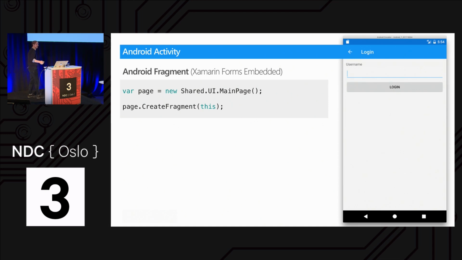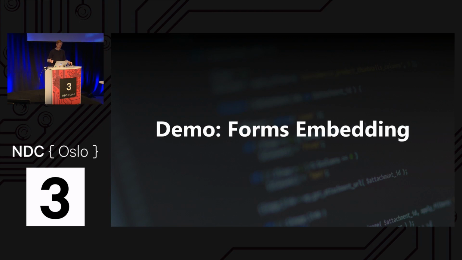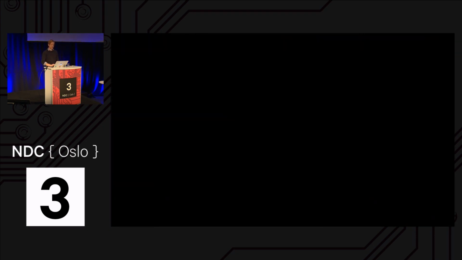All I'm doing here is injecting this fragment by simply creating an instance of the page and then saying that it should be displayed here. And it all looks pretty nice, right? And for iOS, we do the same thing. We can say, give me the view controller, and the way that we inject the view controller is a little bit different, especially with this demo application, but we can do the same thing, right? So let's just have a look at what this looks like and what kind of possibilities we get out of this.